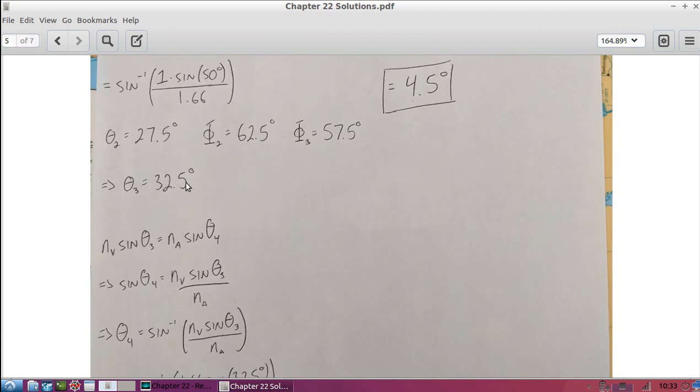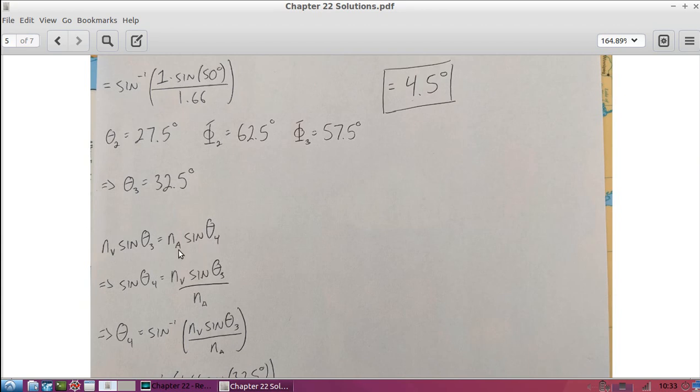32.5 degrees. Now we're using Snell's law again, but we're going from the prism to the air. So we use the index of refraction inside the prism for violet times the sine of the incident angle, theta 3, equal to the index of refraction for air, because it's exiting the prism, times the sine of theta 4. That's what we're looking for, my final refracted angle for violet.